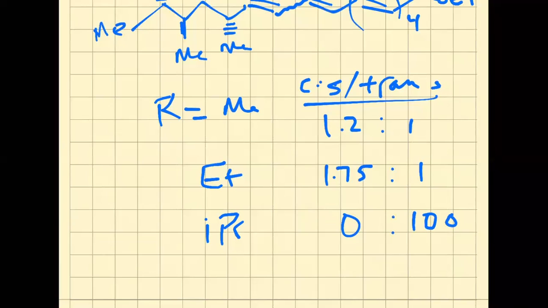And then if they increase the bulk even further, to this diethyl, then it's also 100 to 0.